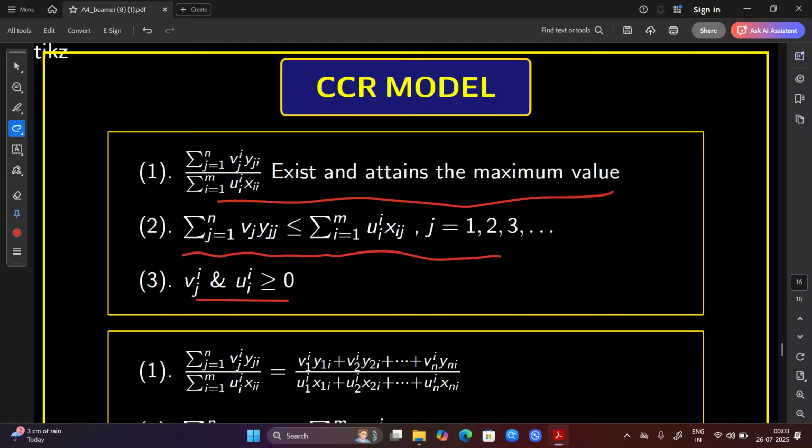The efficiency formula works for a single input and single output, with some special conditions that I explained in my previous video and in this video also. But what is the case if the input is more than one and the output is also more than one? Then a very interesting thing comes: which weight do we have to give, because all inputs are not the same and all outputs are also not the same.